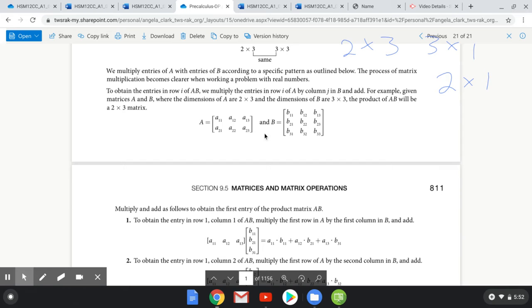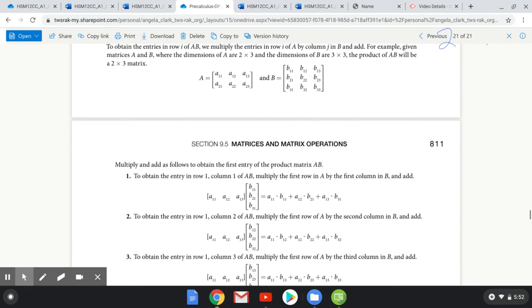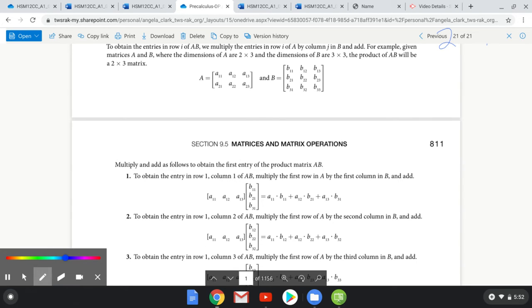So I can do this multiplication. To get my resulting matrix, I do it element by element. So to get my first element, say this is my resulting matrix, I'm going to call the first element C11. So let's just say A times B equals C, right? I'm just going to call it C11.